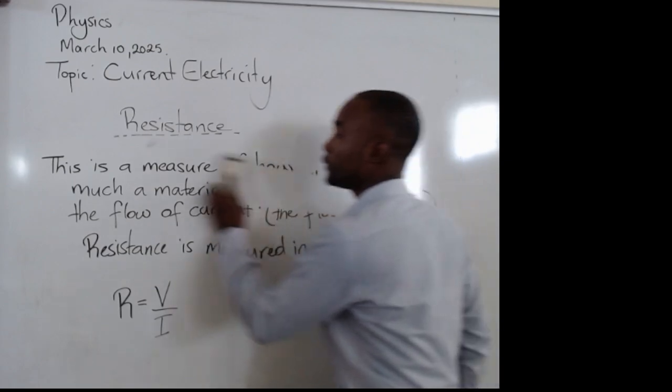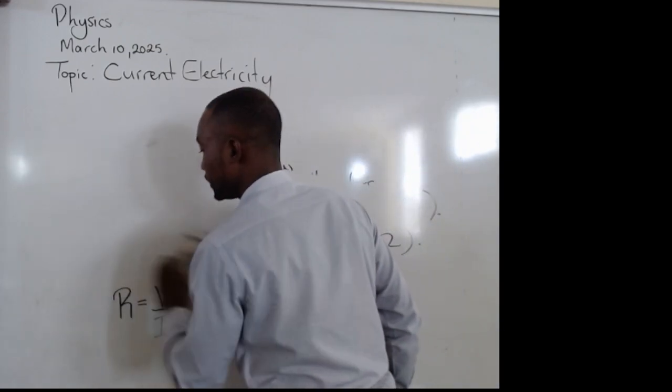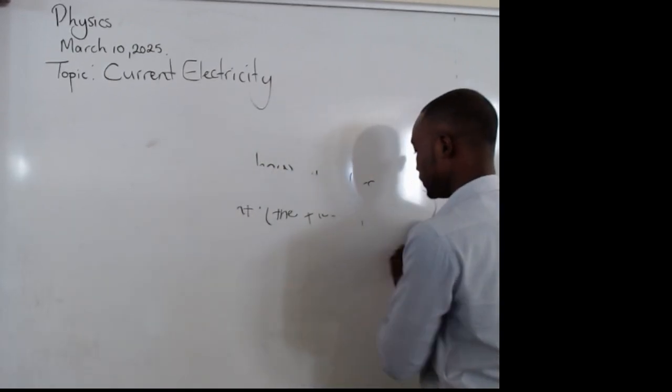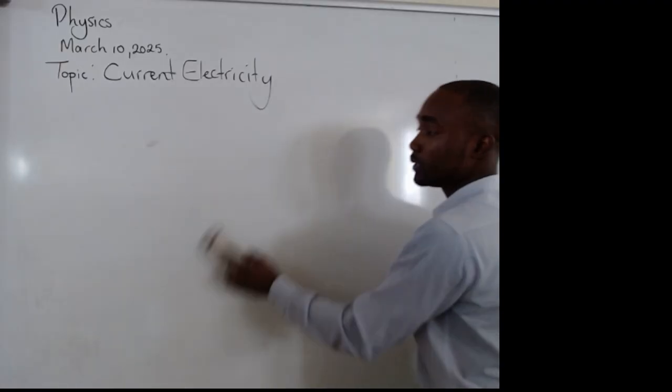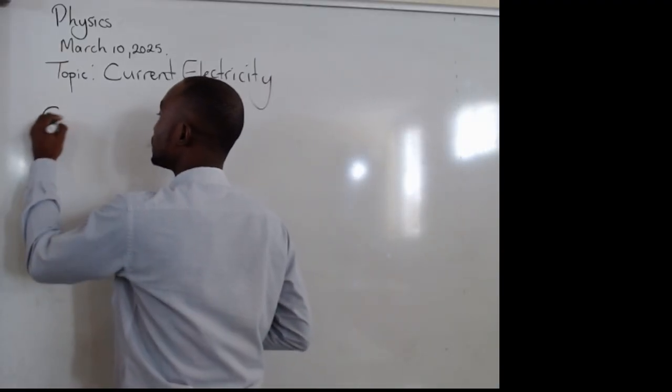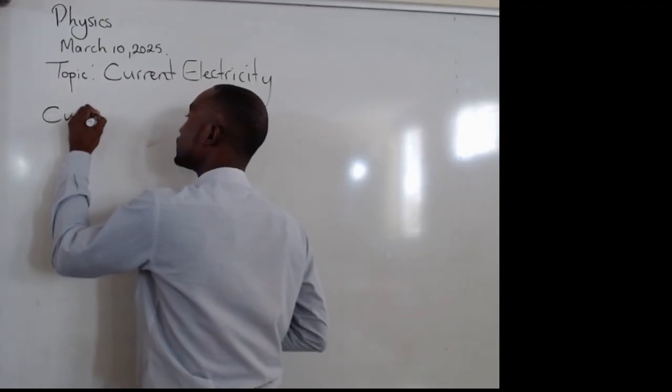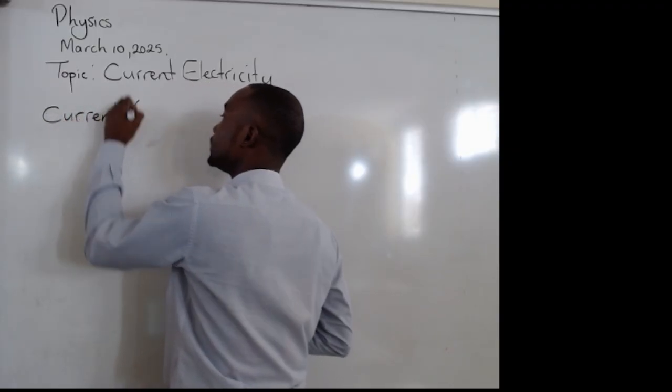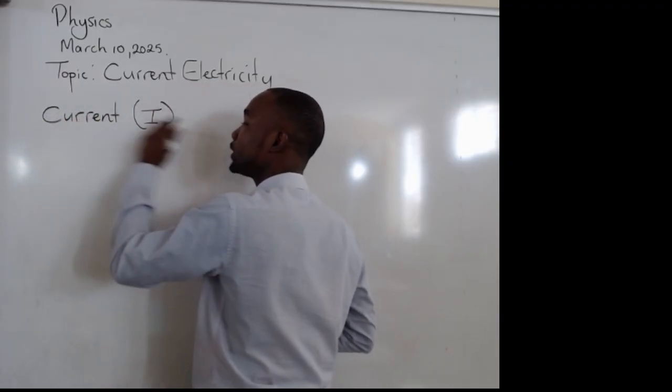Now let's recap real quickly, and then we're going to do a question. We need to do at least one question. So current, between brackets I, that's the symbol for the word current.